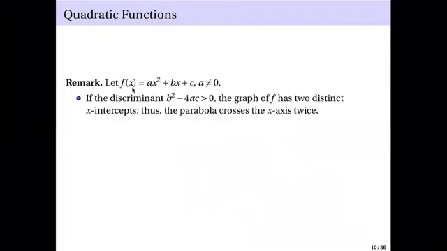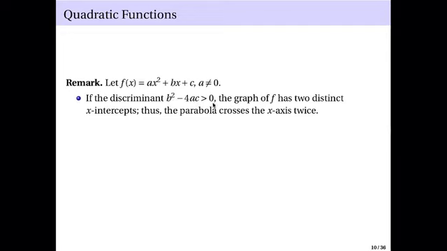Now, again, let f of x be the quadratic function ax squared plus bx plus c, where a is not equal to 0. We compute what we call the discriminant of this function f, or of this quadratic expression. The discriminant is calculated this way: b squared minus 4ac.